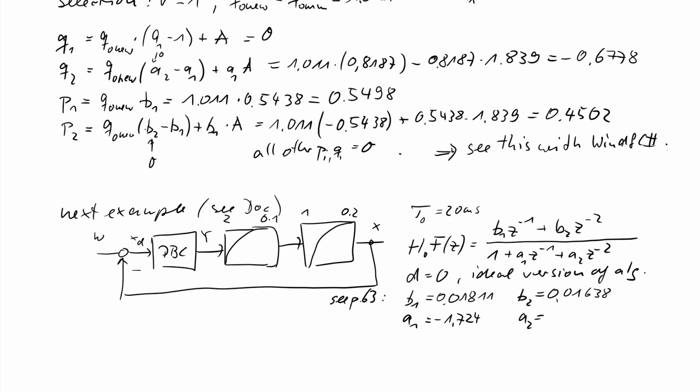Four significant digits are okay. I think this should be rounded to 9, the last digit, then we are correct. And a2 is 0.7408.